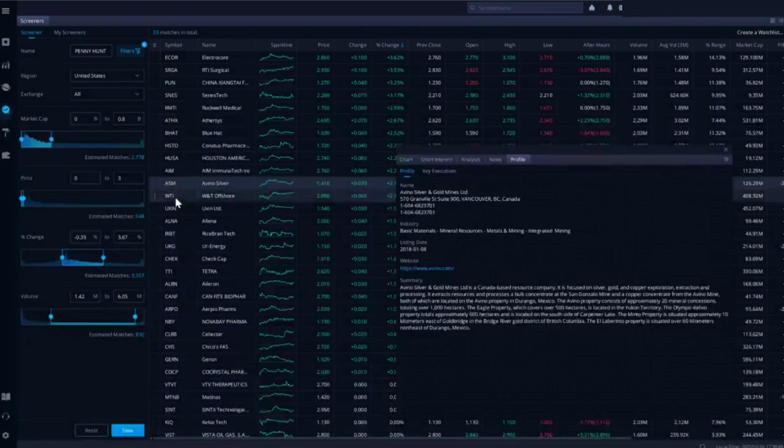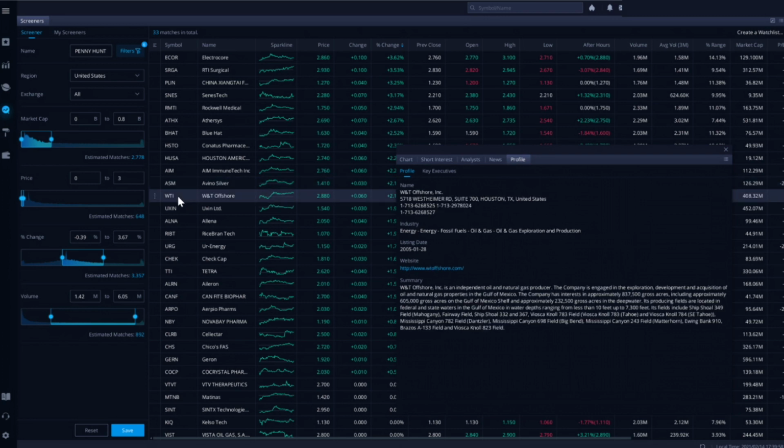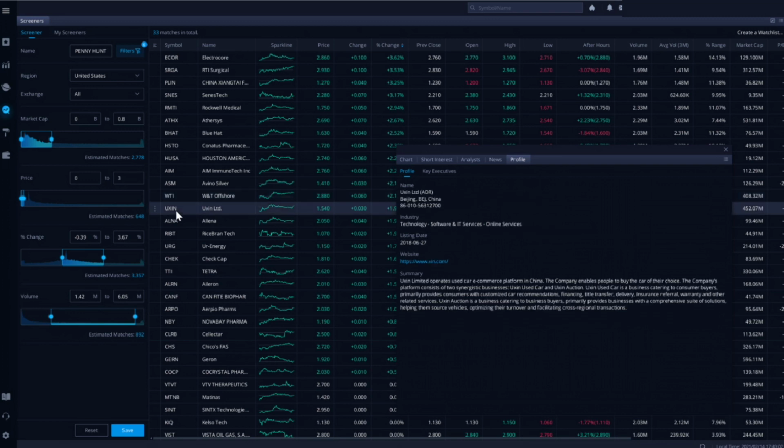Another biopharma, resources, silver, gold, copper. What's this called? Vino Silver. Silver. Oil, natural gas producer. E-commerce platform in China. Enables people to buy the car of their choice.